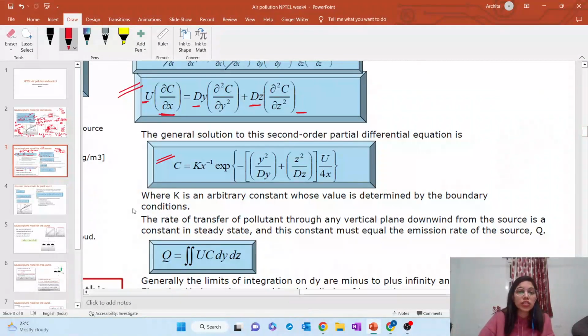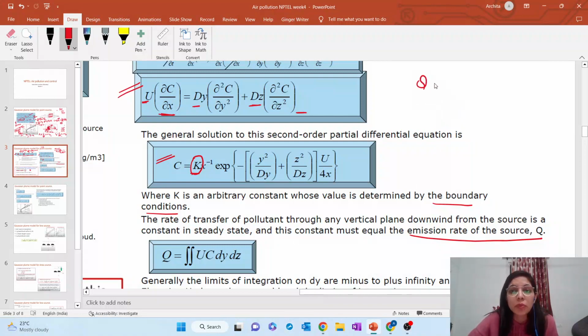Now this k is a constant that depends on the boundary condition. To calculate k, they use the emission rate, which is q. So if you know that emission at any particular point will depend on, as I wrote for the x, concentration, speed, change in the yz plane.